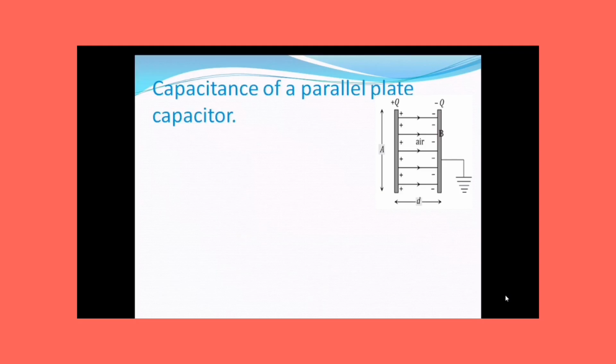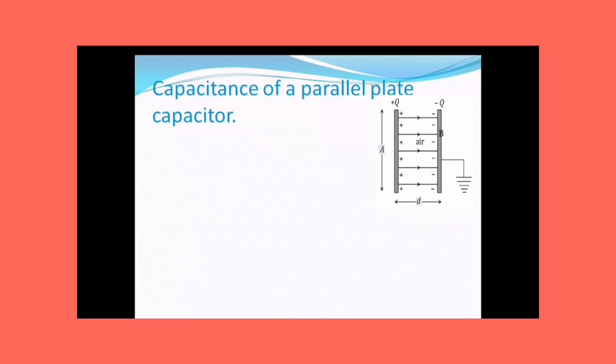So now plate A has net positive charge and plate B has net negative charge, and this forms a parallel plate capacitor. The distance between the two plates is equal to D.